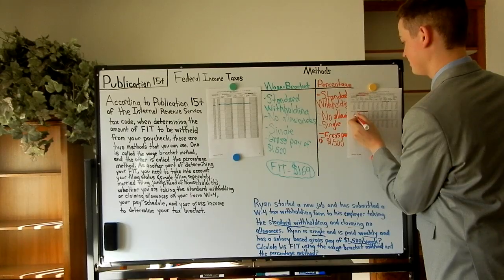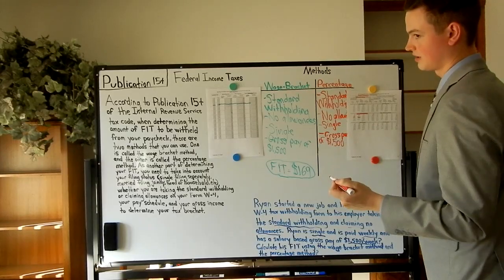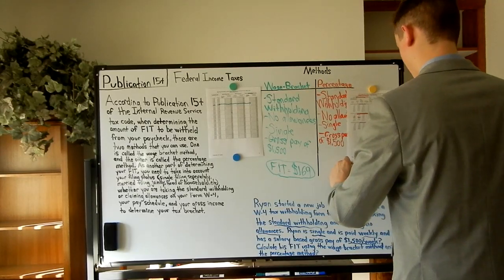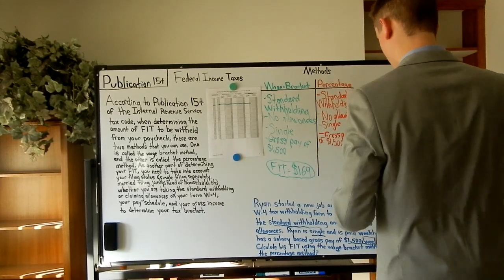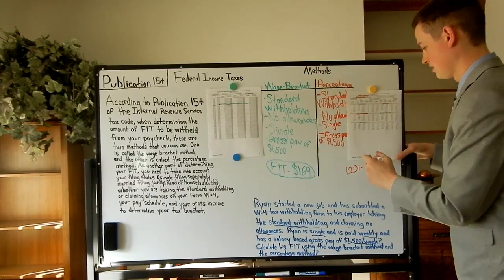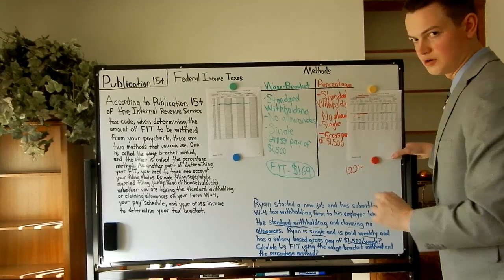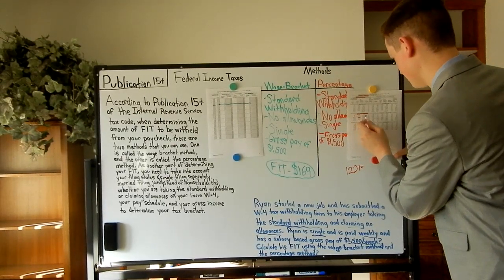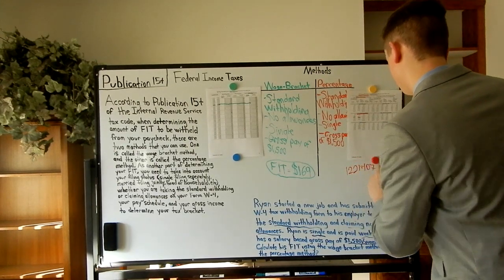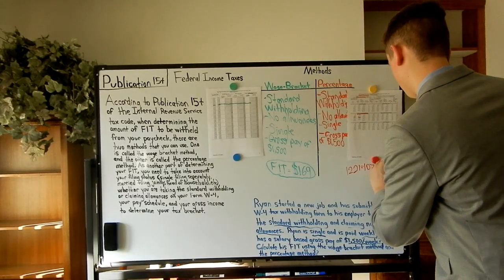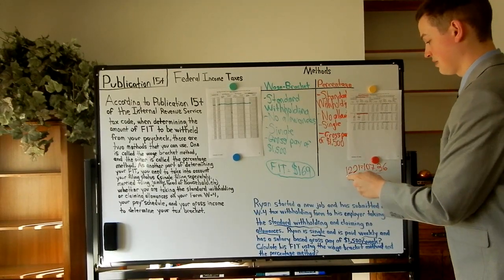And based off of this $1,221 nominal figure, let's put this down here. The tentative amount to withhold off of that number is $107.36.